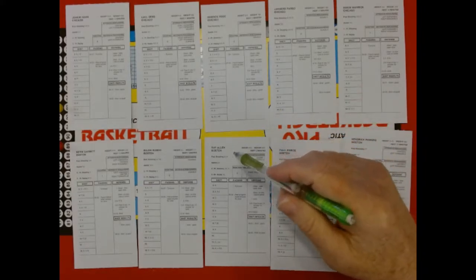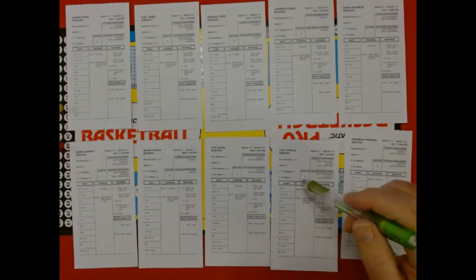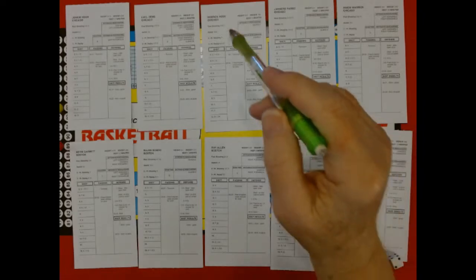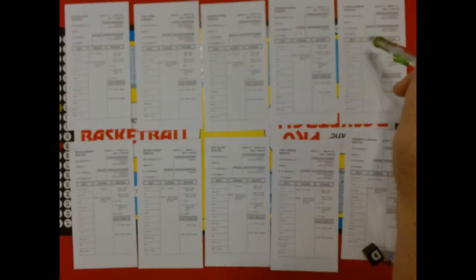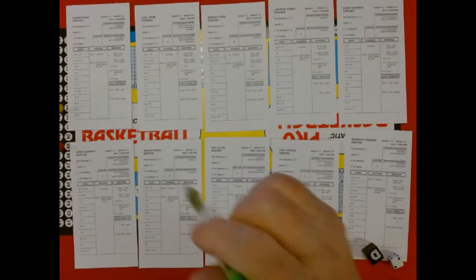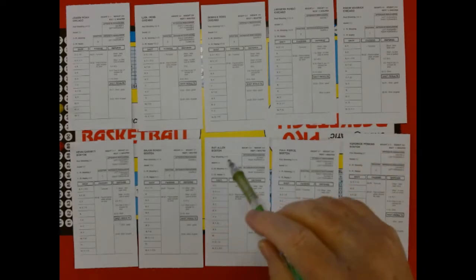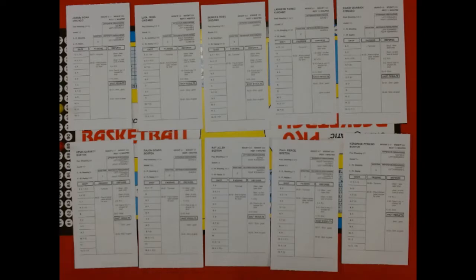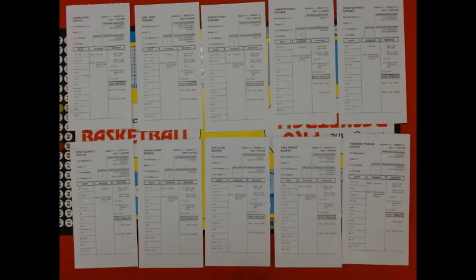Then going this way, right guard, left guard, left forward. Then right forward and center. Over here is right guard. So they'll be going left guard, left forward, then right forward and center. And in the game, the players match up against each other. Center versus center, right forward versus right forward as far as defenses and shots and so forth like that. So I'll go slow at the beginning showing the cards the best I can.